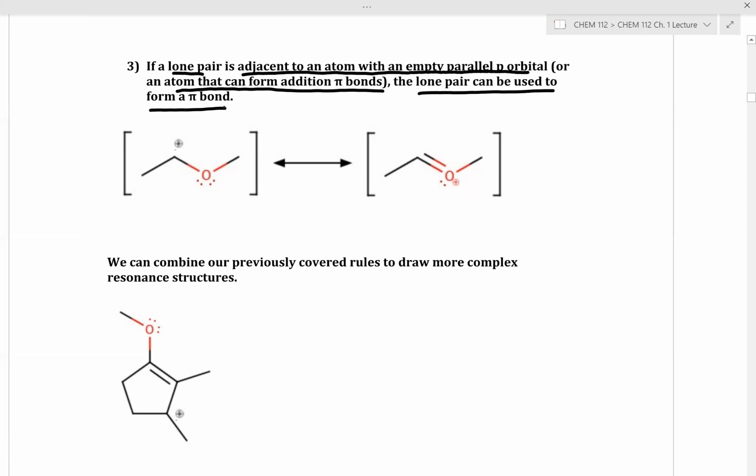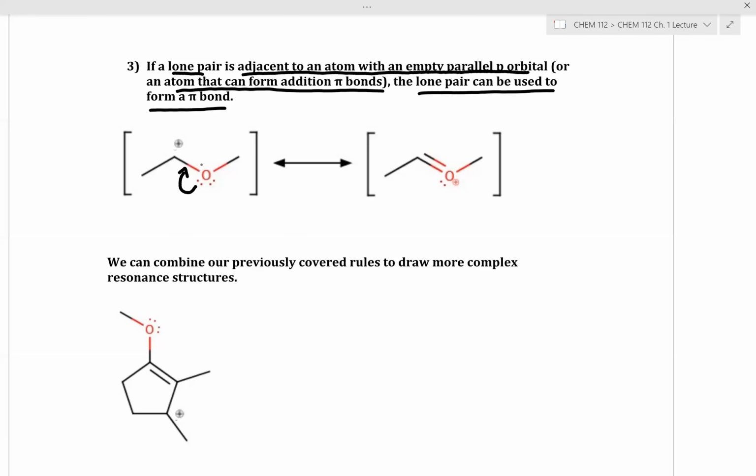So for example, we have a cation adjacent to a lone pair, right? What a cation implies, we have an empty what? P orbital, exactly. It's sp2 hybridized, it has an empty p orbital. So we can take this lone pair adjacent to our p orbital and form a pi bond between our atoms. In this case, we push our lone pair electrons between our two atoms to form a new double bond.